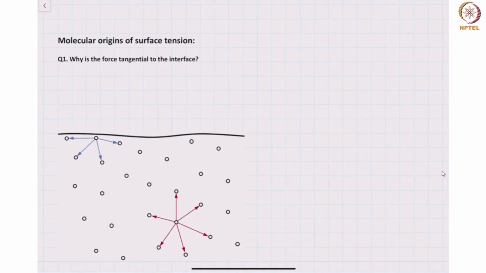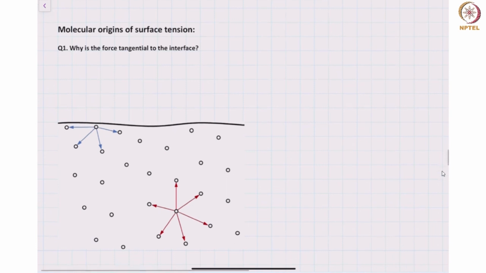Now, the common explanation that is given to us is shown schematically in this drawing. In most textbooks you will find this explanation, and I'm borrowing several of these ideas and schematic drawings from Sir Michael Berry's paper and other papers. So here is an interface, and in the liquid, the interpretation that is commonly told is that there are these molecules of the liquid which are equally attracted to their neighbors.